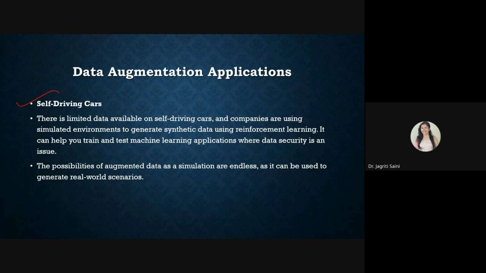The camera recordings may have information about the routine travel patterns of the person, and he may not be willing to share that information with anyone for safety reasons. So in such cases, even if you have a small data set, data augmentation can help improve the learning ability of self-driving cars in future, because you can understand the traffic behaviors on the road and update your car based software models.